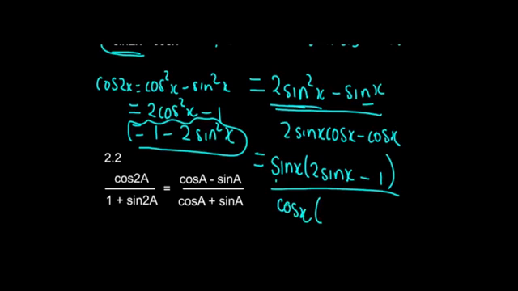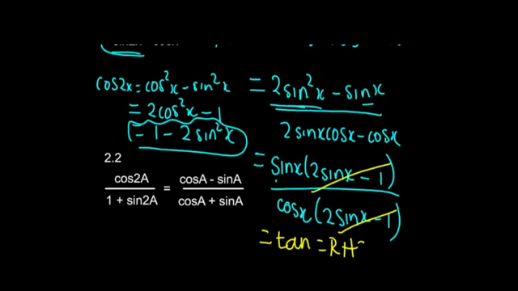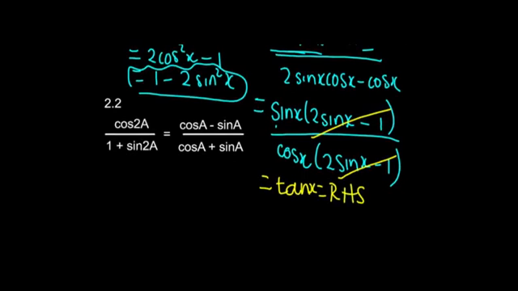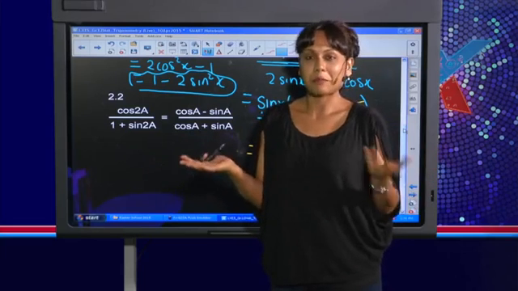So we get in the bracket 2 sine x minus 1. And that's good news because those cancel, and I get sine x over cos x, which is tan x, which is the same as what they've asked us to show. Okay, so we're happy. Identities are really nice because if you do them correctly, they work out. That's all that happens. They work out.